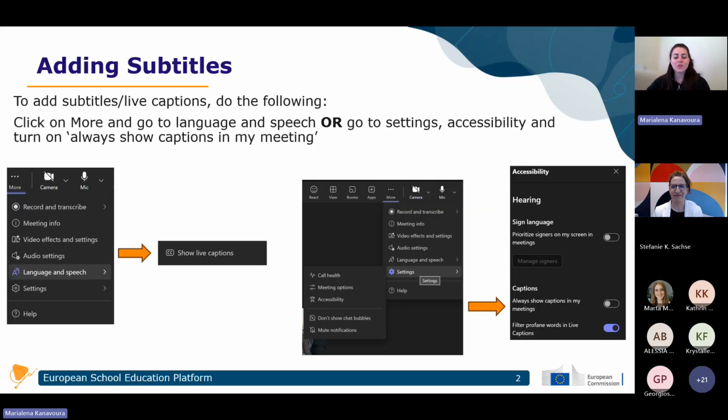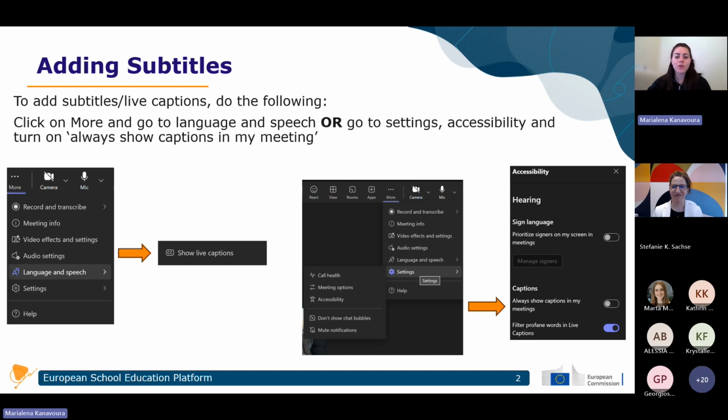Moreover, I would like to introduce you to a very useful tool. It's the captions tool. With this tool, basically, you're able to add subtitles or live captions for this webinar. To do so, as you can see on your screens, hopefully, please click the button More at the bar on top of your screen.